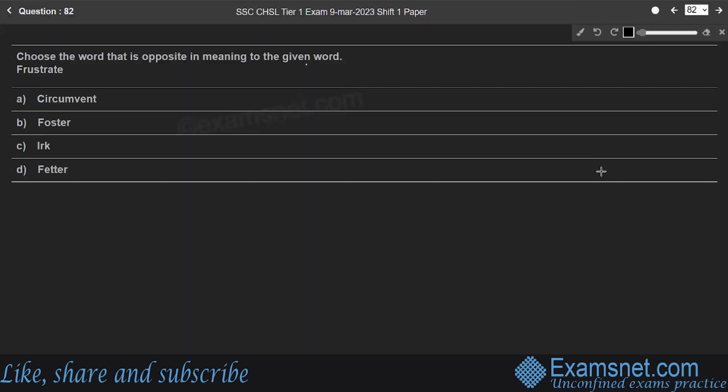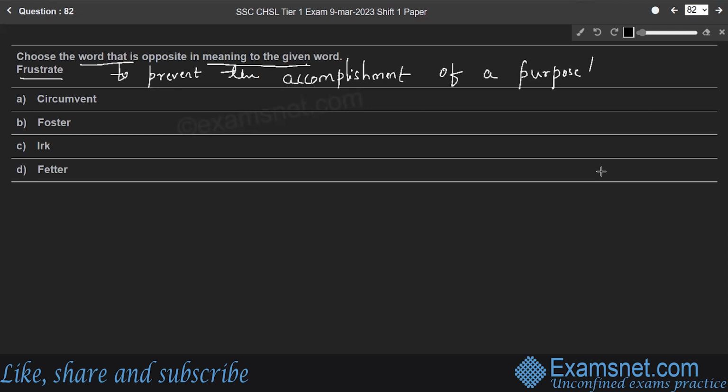Question 82. Choose the word that is opposite in meaning to the given word. The given word is frustrate. Frustrate means to prevent the accomplishment of a purpose or desire.